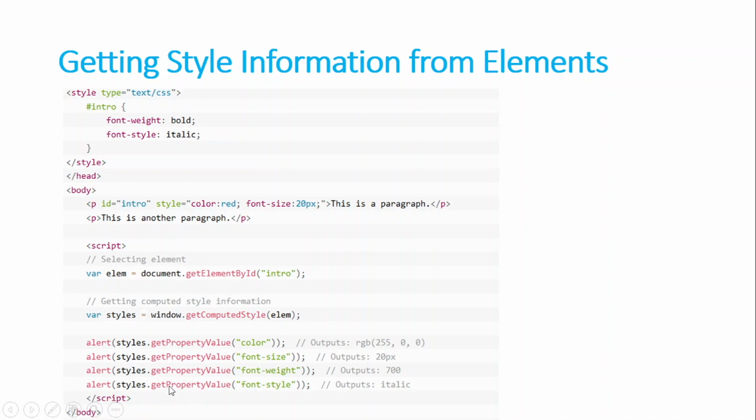So basically you can get any kind of property's value by using getPropertyValue on the object we received from the window.getComputedStyle method. So this is the way we can get the style information from elements. It is the modern approach and the most useful approach you can use in getting the styles.